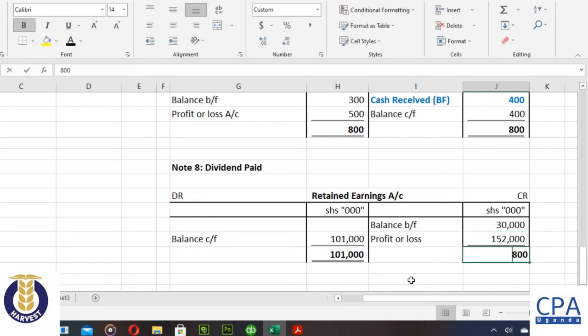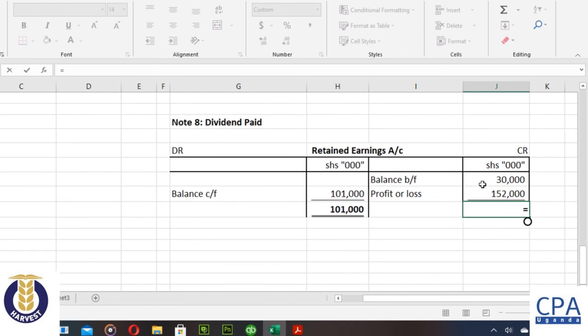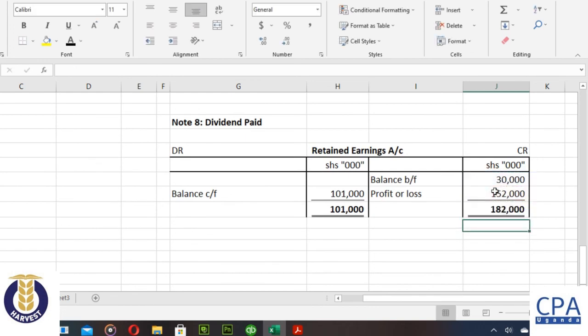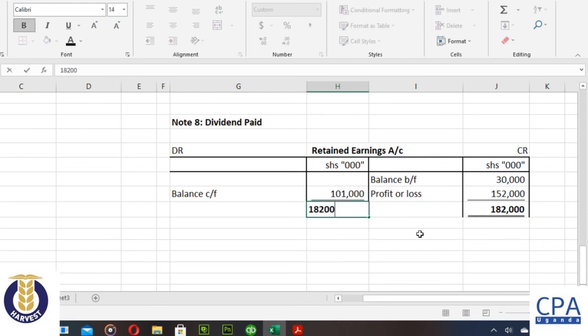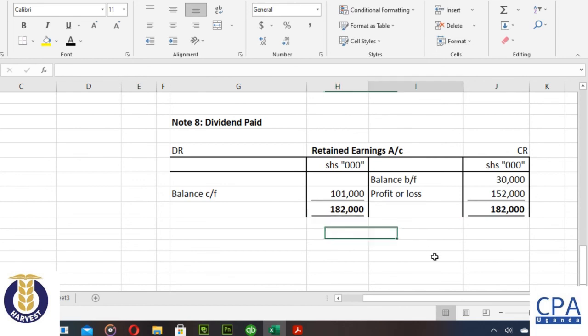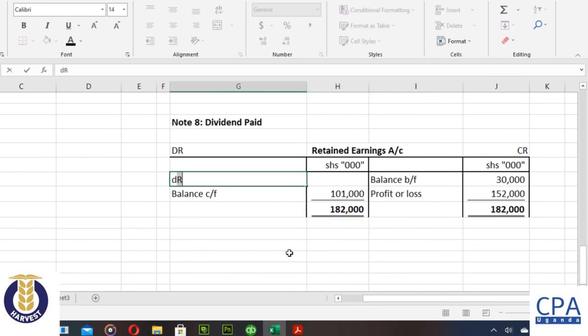So at the end of the day, I'll balance this account off from the credit side, which is complete. So that is 182 million. The difference should be the dividend paid. That's the balancing figure.